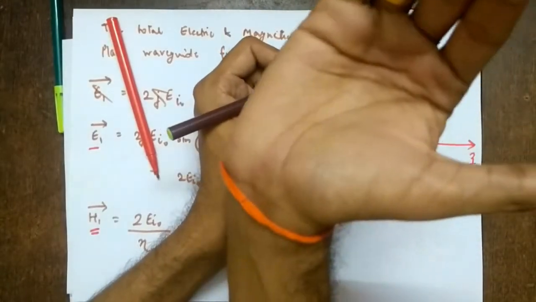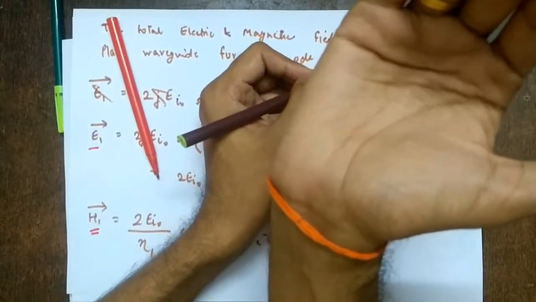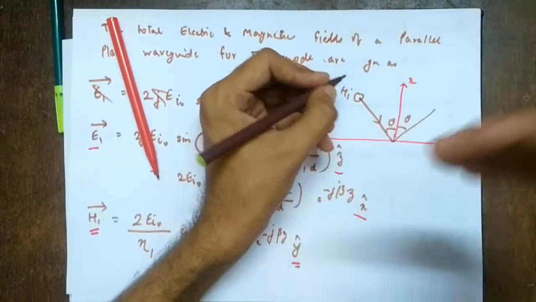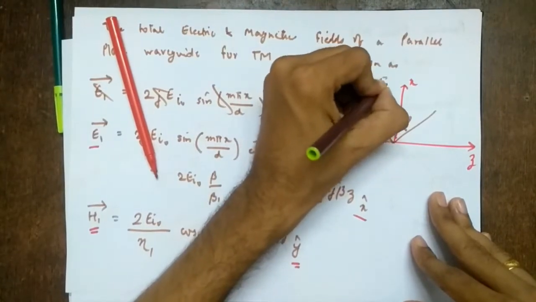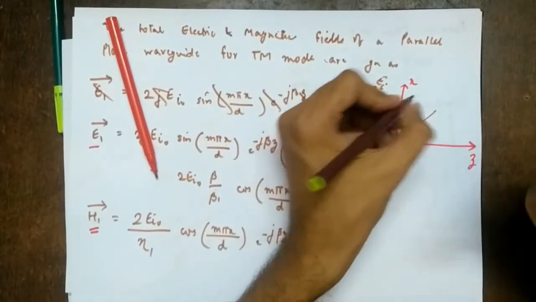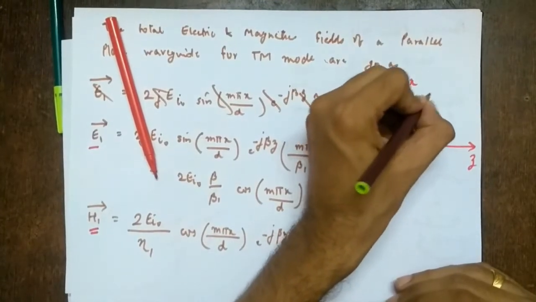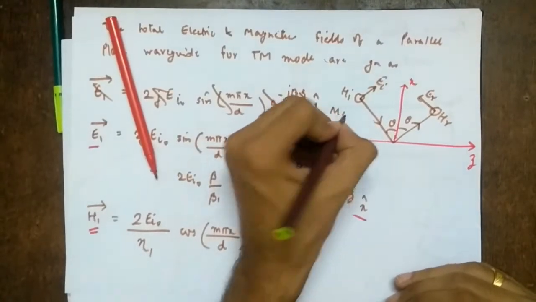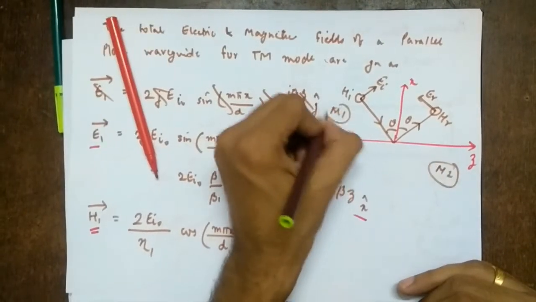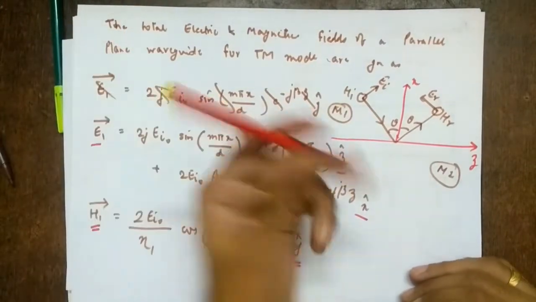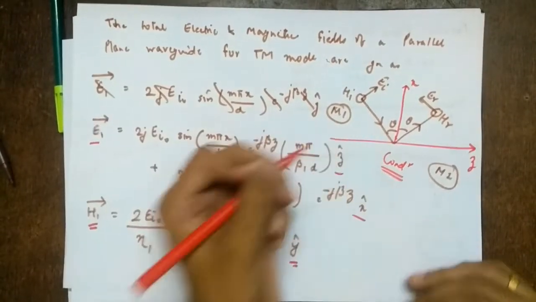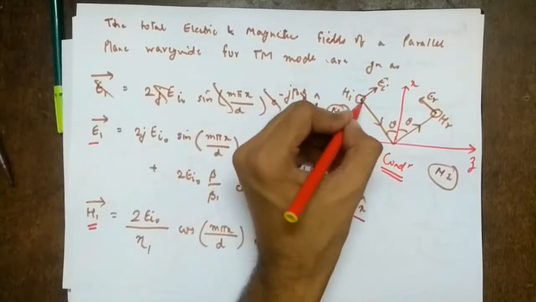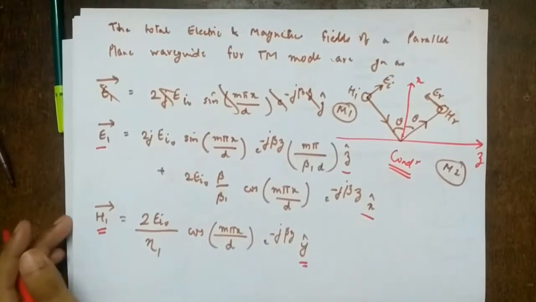If the thumb points in the direction of wave propagation, my curled fingers give the direction from E to H. So H is above, so E should be like this. This is my Ei. Similarly here it should be like this. This is Er, and this is Hr, right? This is medium 1, this is medium 2, and obviously this was a conductor. We have seen in the electromagnetics course that an electromagnetic wave cannot penetrate a conductor, so the entire wave gets reflected, right?